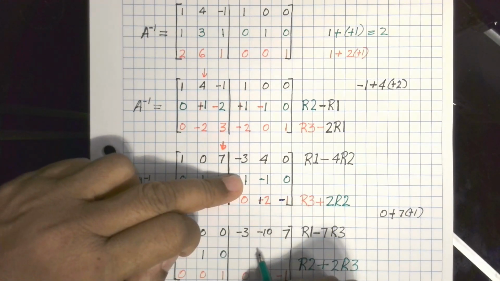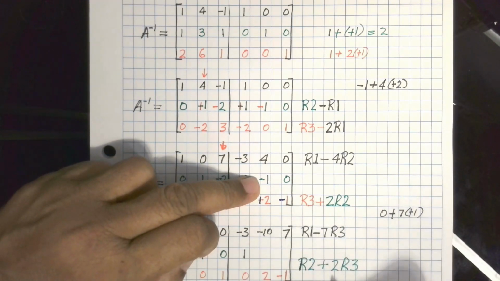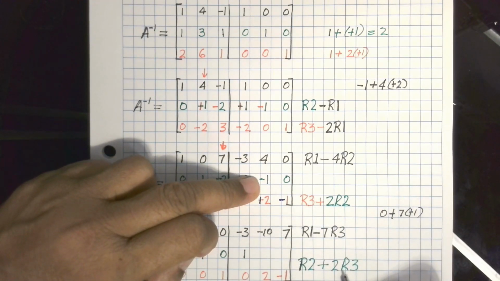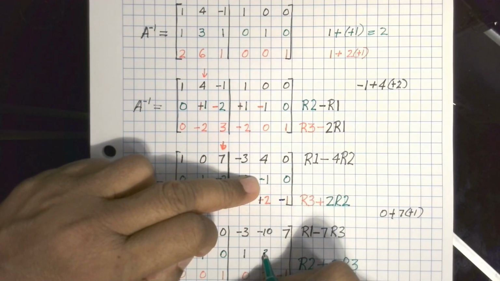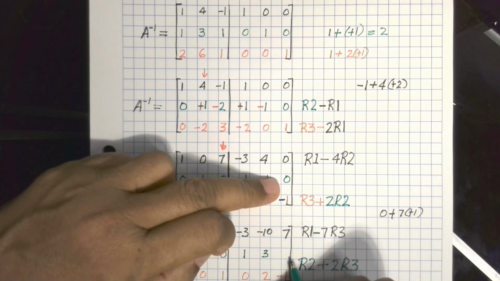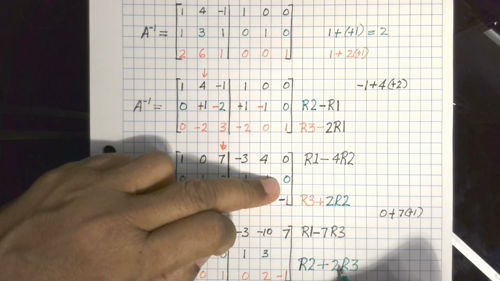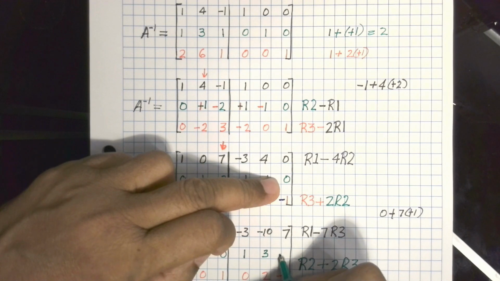And this one will not change anything. And minus 1 plus 2 of row 3 will be 4, will give you 3. And then the last one that I have to do here is 0 plus 2 of 1, so it'll give you minus 2.